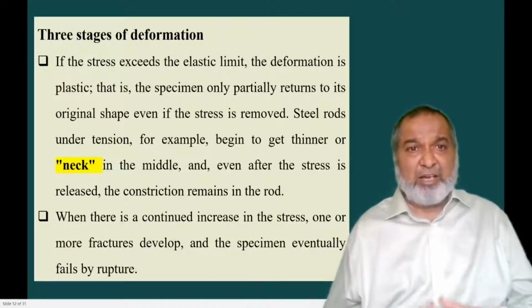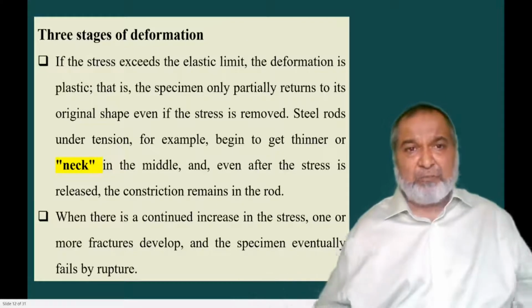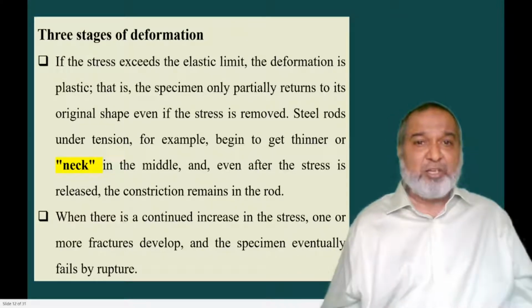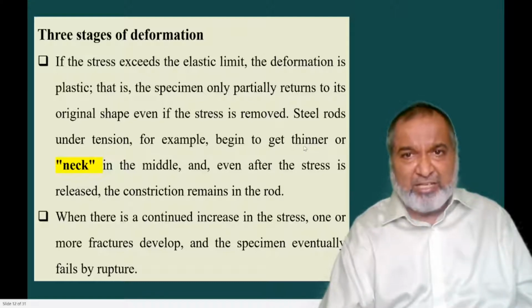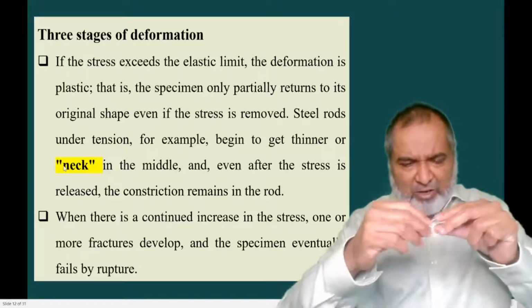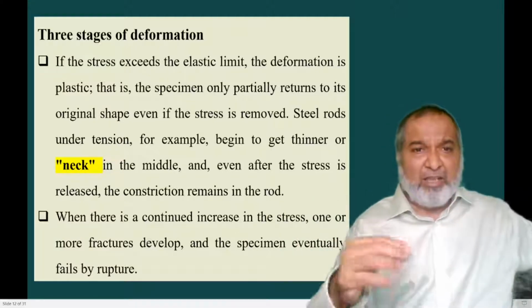For example, with a steel rod, you go on applying stress, then stretching and thinning take place, and that is permanent. The place where it gets thinner is called a neck. When you go on stretching, the center becomes thinner; that is the neck point.